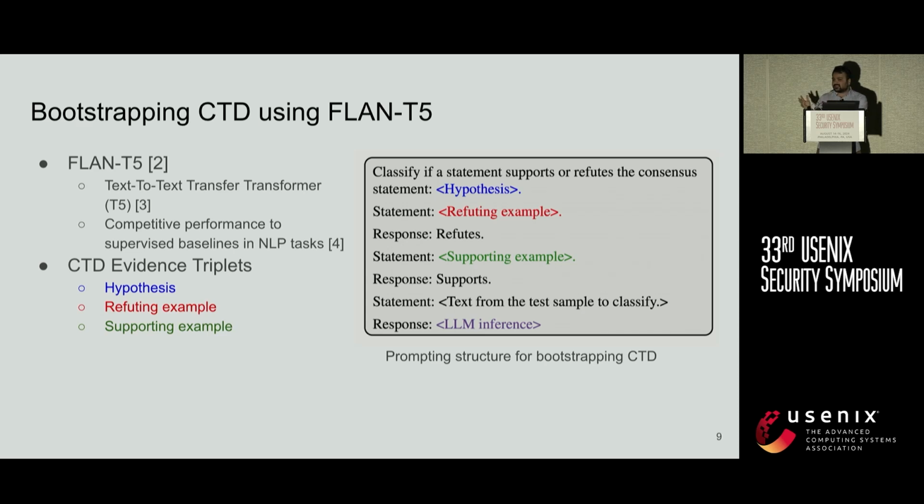And what does our task look like in the context of the Flan-T5 LLM? You can see we translated the contrastive textual deviation based triplets to this particular prompt structure, and given this input, we asked the LLM to classify whether the particular piece of text is supporting or refuting the hypothesis. The only input needed is this triplet, which is hypothesis, refuting example, and supporting example.